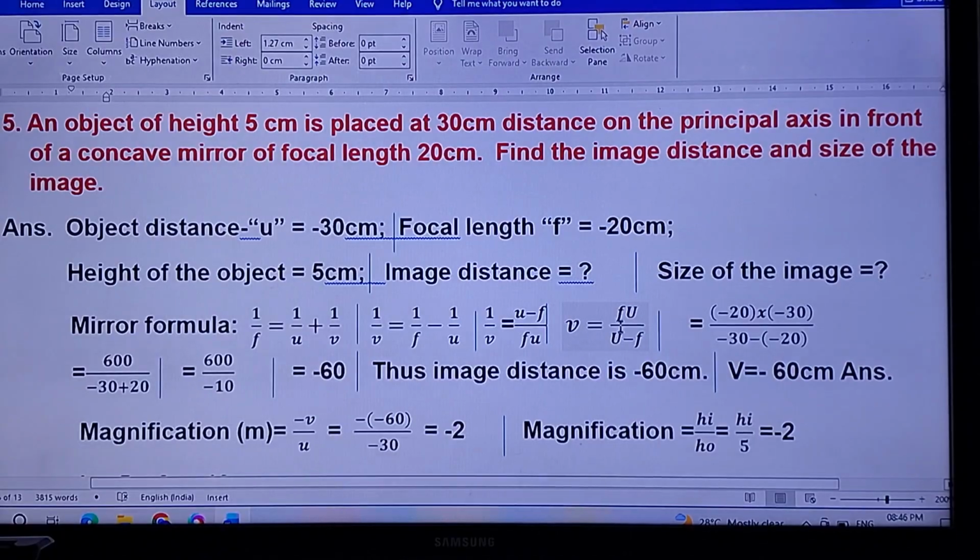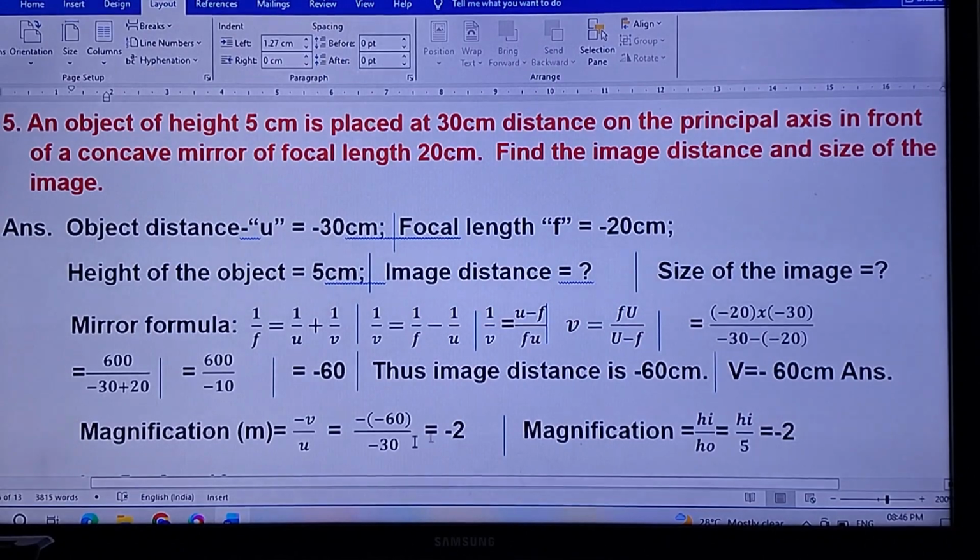So here f value is minus 20 into u value minus 30, divided by minus 30 minus of minus 20. In u minus f, this minus is the symbol of the formula, and this minus is the value that we have got. So we are getting minus into minus plus, 20 into 30, 600, by minus 30.